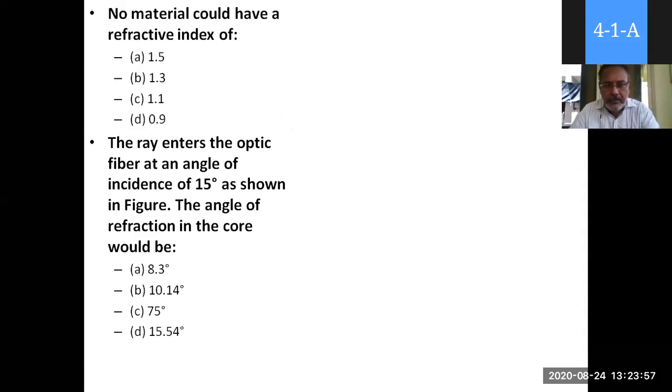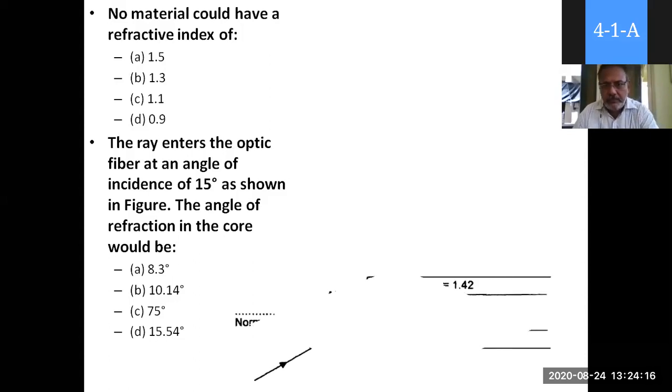The ray enters the optic fiber at an angle of incidence 15 degrees as shown in the figure. I will show the figure to you. The angle of refraction in the core would be, actually the figure is not required here. You can try it, or I will show the figure.